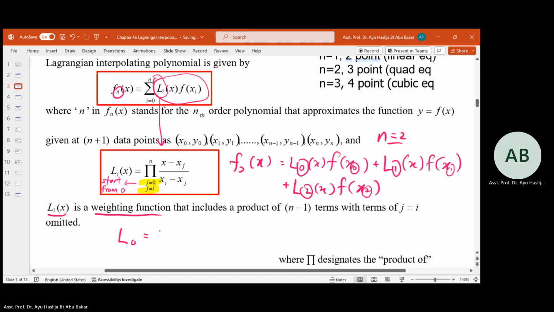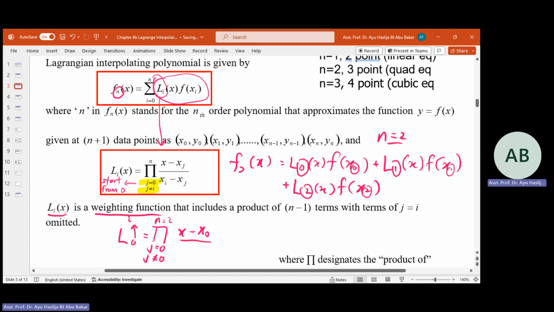this is the product, with n equals 2. j must start from 0, but j cannot be 0 here, since i equals 0. Then x minus x_j over x_i minus x_j. So x_j here, j starts from 0, right?